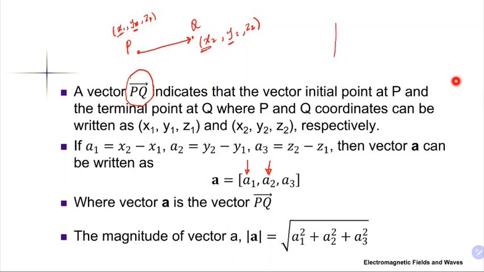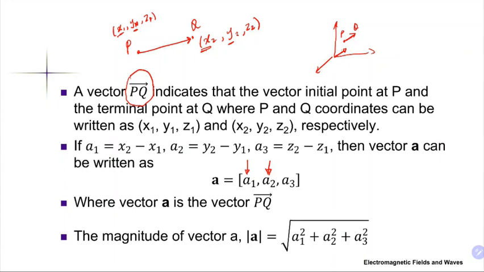So if I draw a three-dimensional diagram, this could be my PQ vector. If I move this vector to the origin, instead of pointing from P, I make P go to the origin, and this will be the coordinate A1, A2, A3.